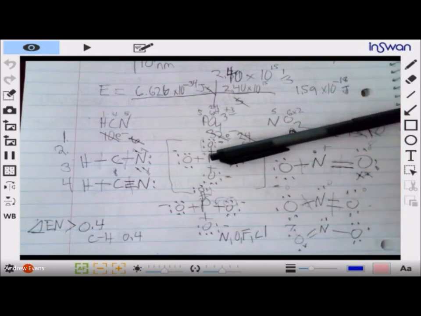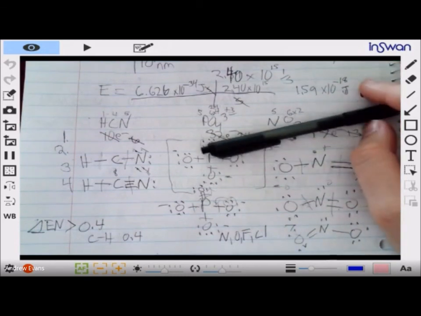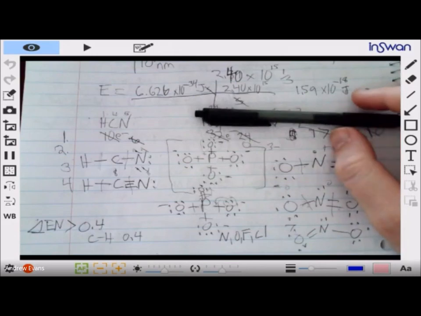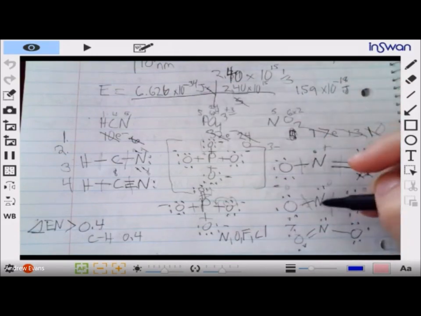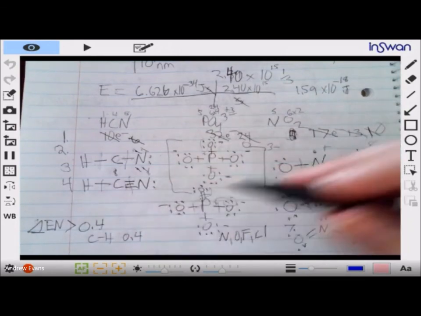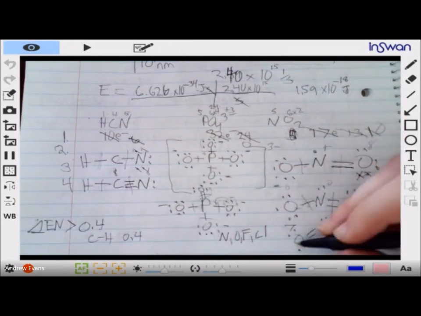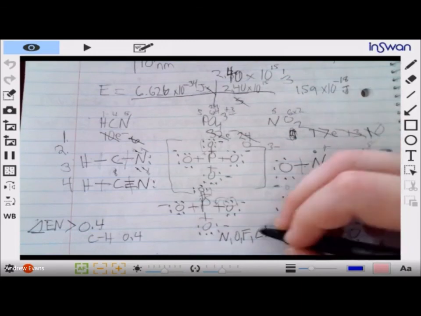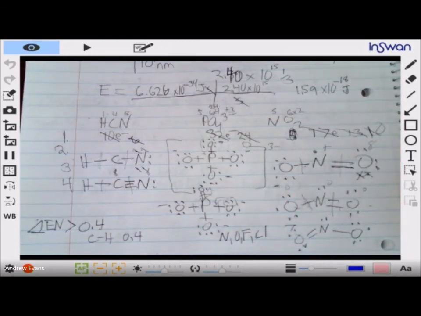If you have these elements and they're not adjacent to themselves, so an N and O bond, a P and O bond, a C and N bond, it's not O adjacent to O, it's not N adjacent to N, these can be a polar bond. If it has these elements and it's not the element next to itself, it can be a polar bond. We'll talk more about whether it's actually polar or not when we get to shape in a minute.